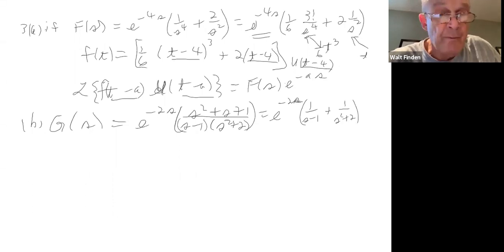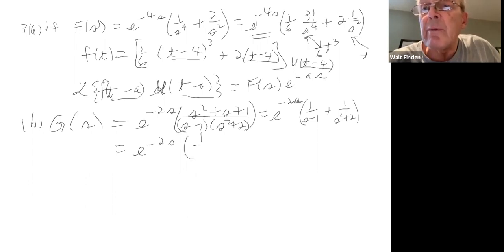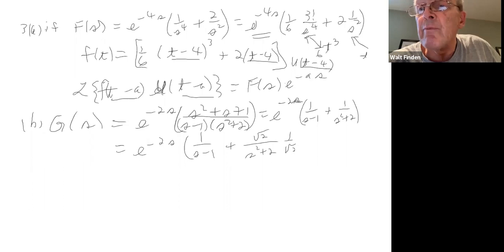Okay, so we have that expression. I'm going to be able to handle s minus 1 nicely, but I would like to see a sine. So what do I need up here? I need a root 2 to go with the s squared plus 2. So I adjust it with a 1 over root 2 there.